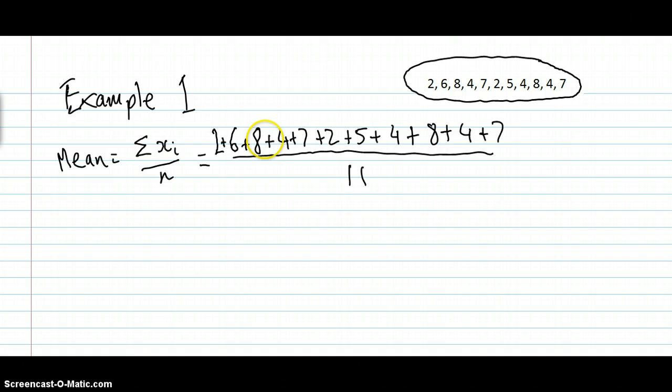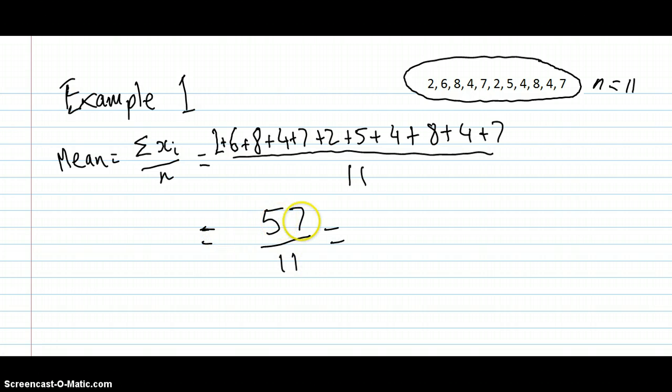So here we've added together all of the numbers above. And then we've divided them by the number of scores, which is 1, 2, 3, 4, 5, 6, 7, 8, 9, 10, 11. So n equals 11, and hence we've got 11 on the bottom here. Let's use a calculator.